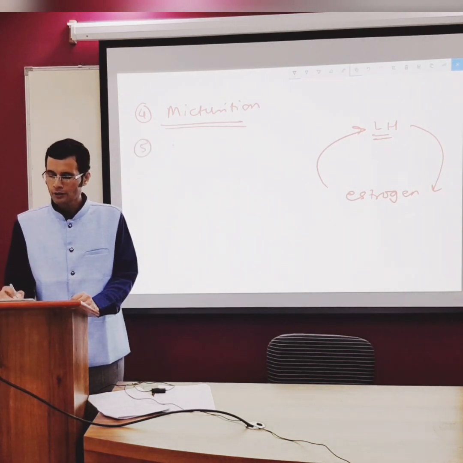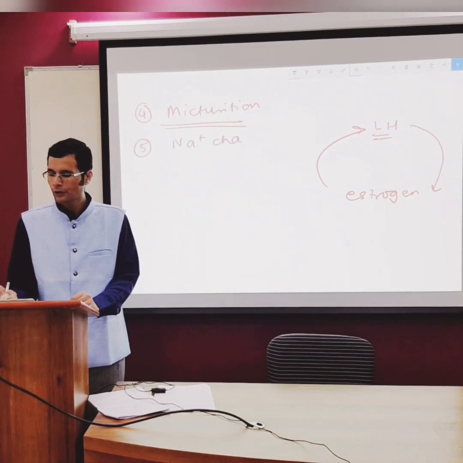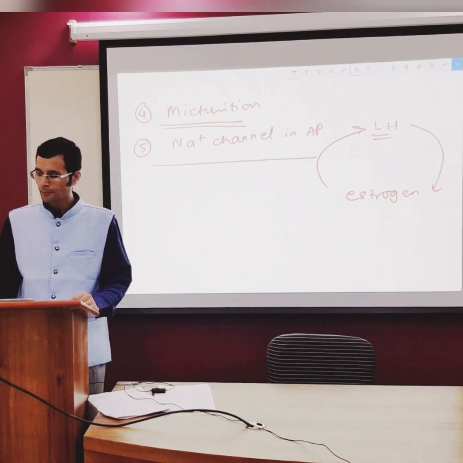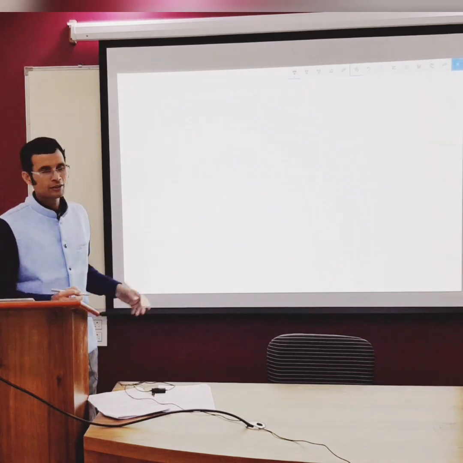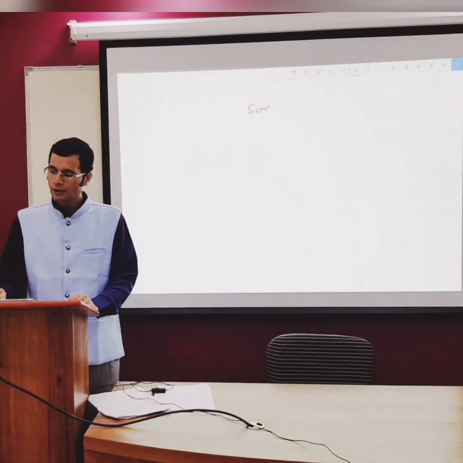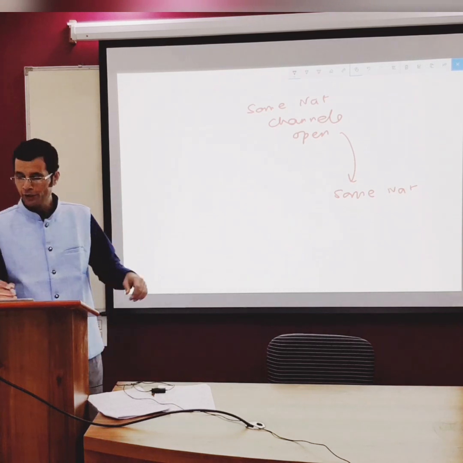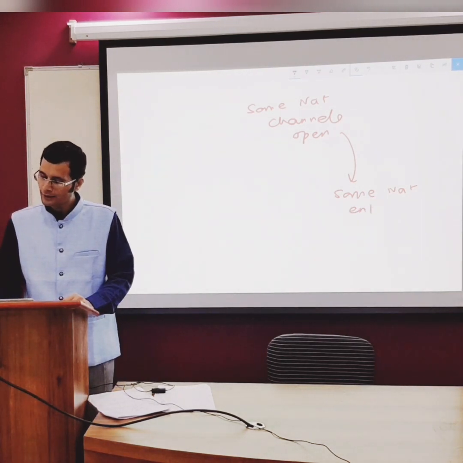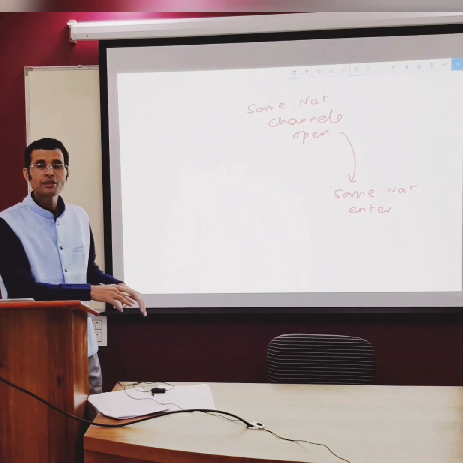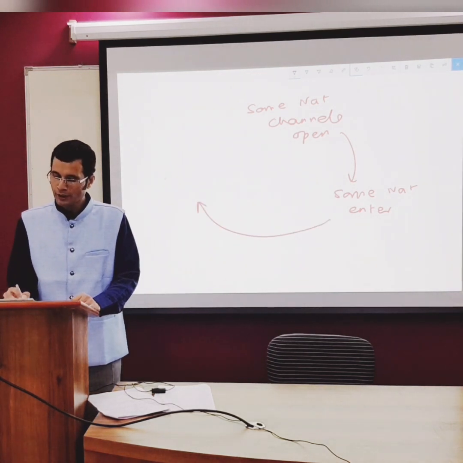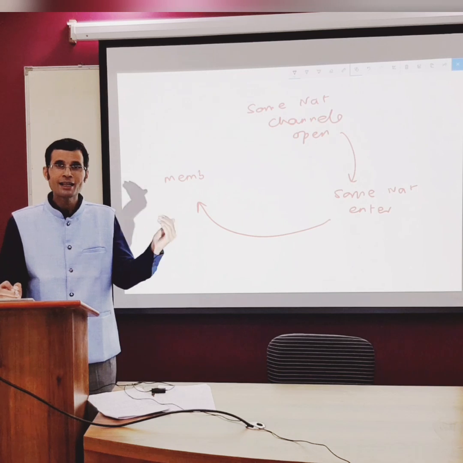Or sodium channel opening during an action potential, a positive feedback cycle. When we apply a stimulus to the nerve, initially a few sodium channels will open. Therefore, some sodium will enter the nerve at that point. Some sodium entering means positive charges are entering, therefore the membrane potential will drop to a less negative value.